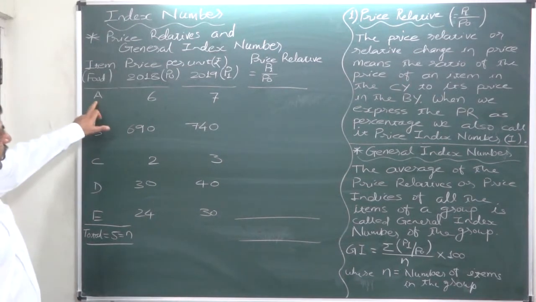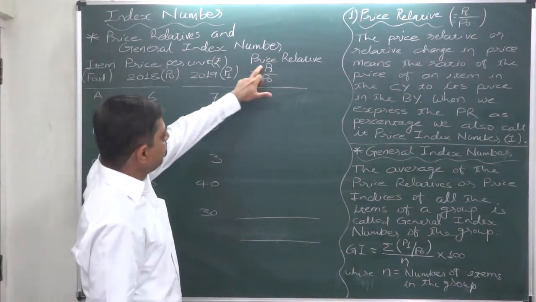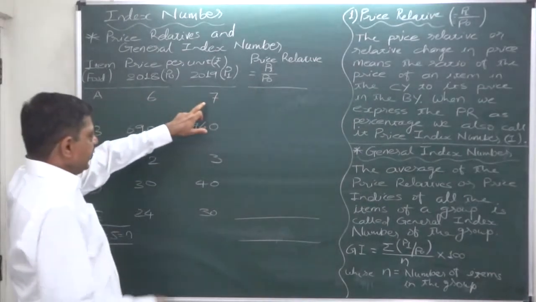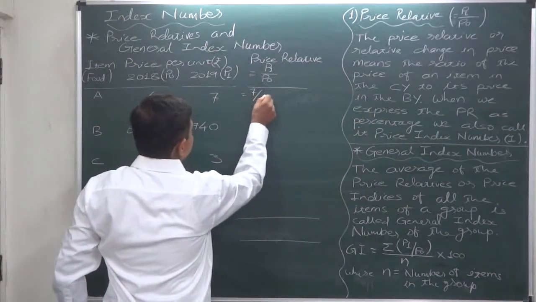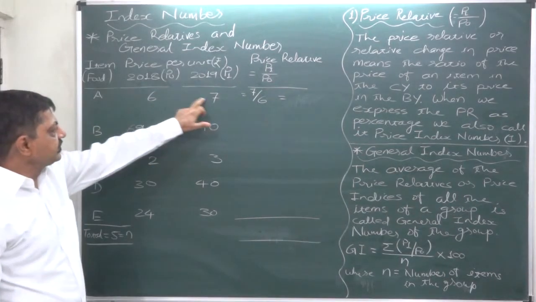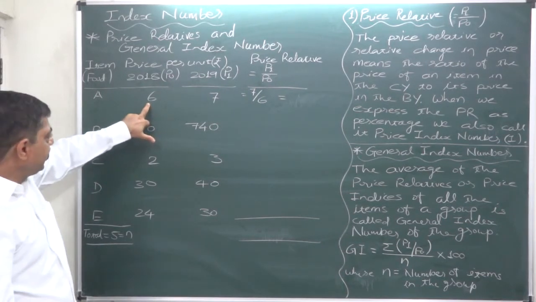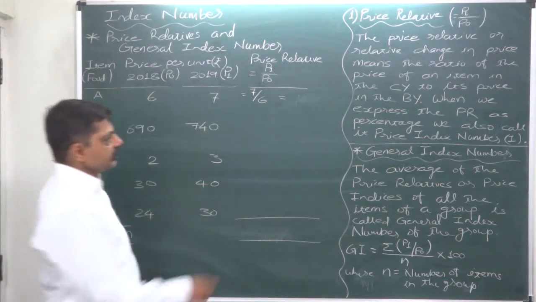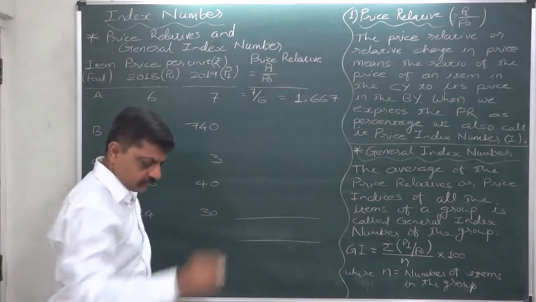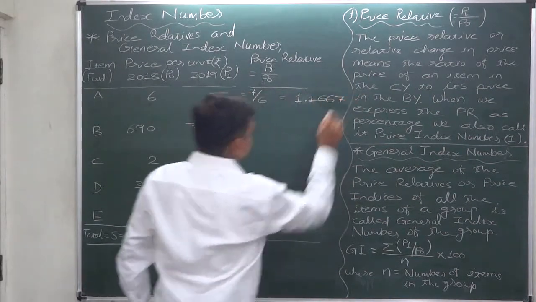Let's first calculate the price relative for item A. Price in current year, P1, divided by P0, is 7 divided by 6 for item A. That means in the current year the price is 7, in the base year the price was 6. As compared to the price in base year, the price in current year comes to 1.1667. Please confirm on your calculator.